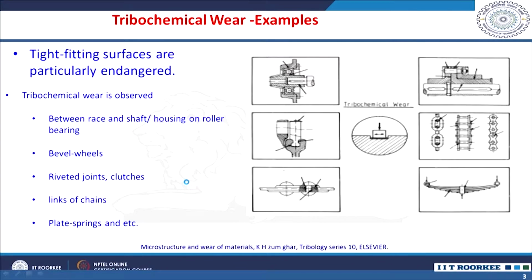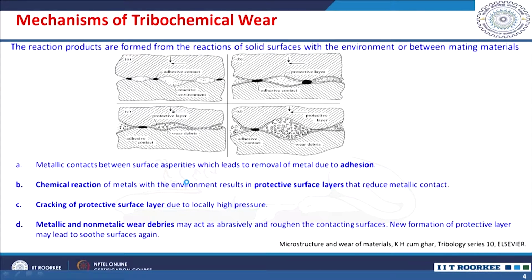Tribochemical wear is generally observed between race and shaft on roller bearings, bevel wheels, riveted joints, clutches, links of chains, plate springs, etc. We need to understand the micro mechanisms involved in such material removal.